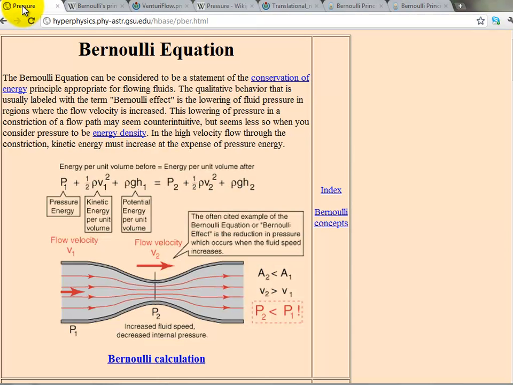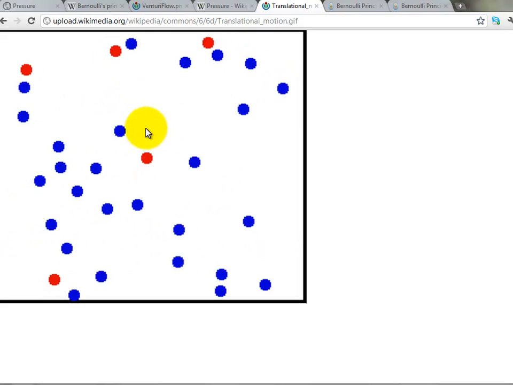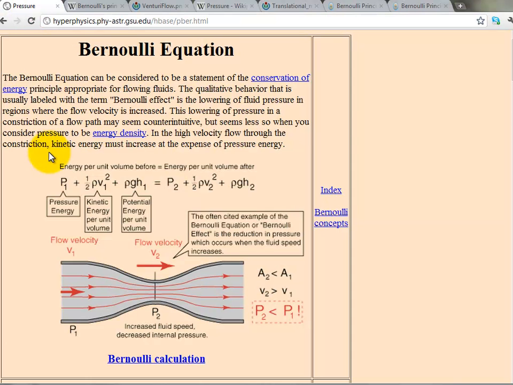To do that, we'll use Bernoulli's equation, which is a statement of conservation of energy. We have pressure energy, which is the kinetic energy of the molecules in motion, plus the kinetic energy of the molecules in translation, plus the potential energy as a result of height.